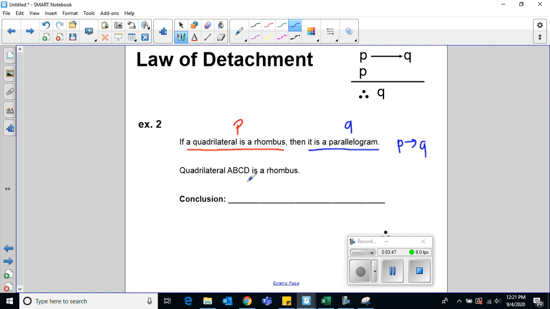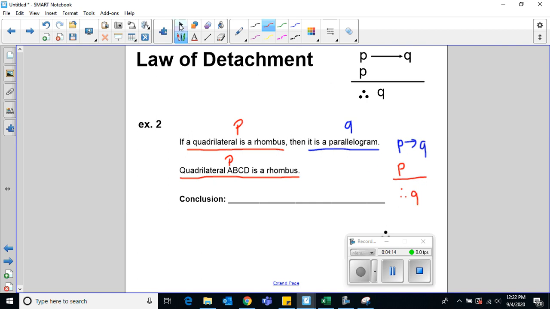Quadrilateral ABCD is a rhombus, and so that matches P because we have a quadrilateral. Remember this part where it says quadrilateral ABCD is just the name of the quadrilateral. So then that's a P. So it goes P to Q, then P. So that's matching our law of detachment. So therefore, our conclusion should be Q.